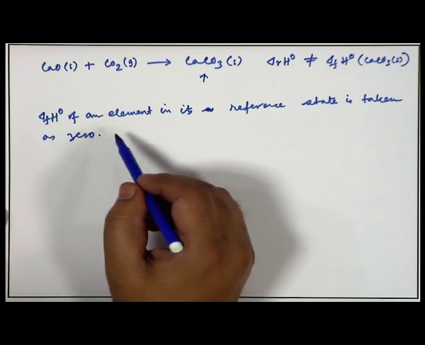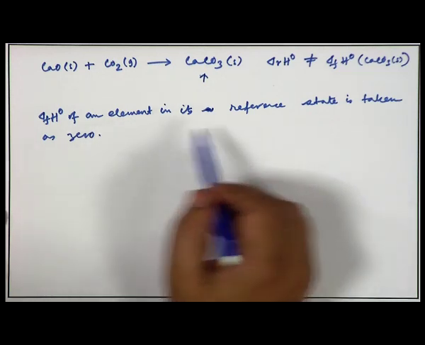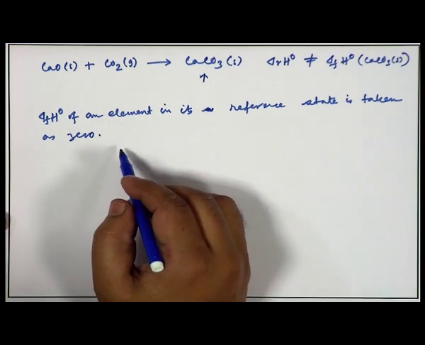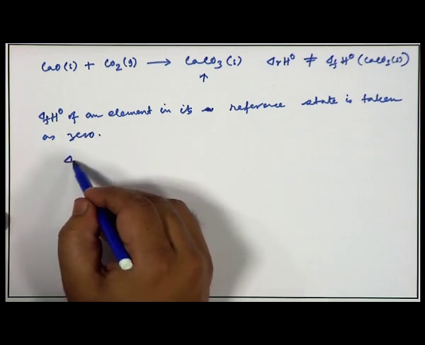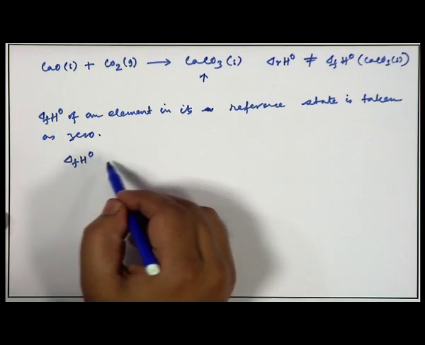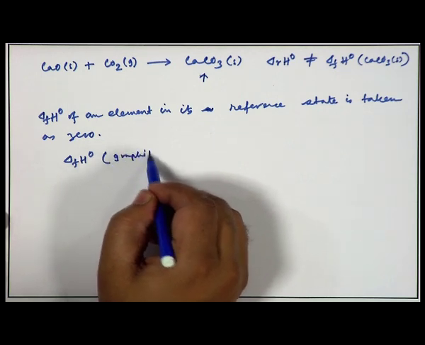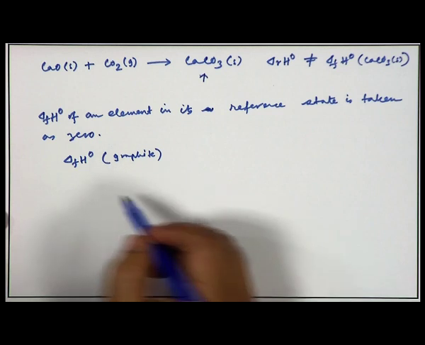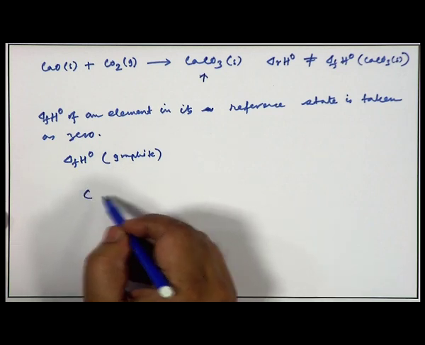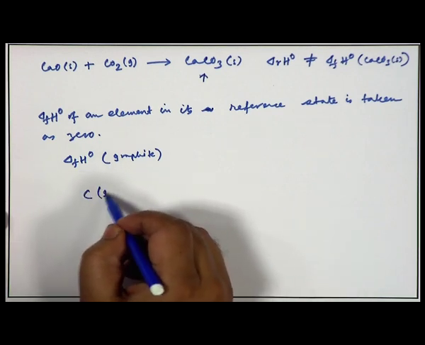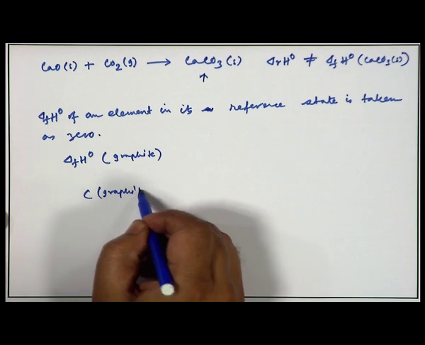Because it is the same reaction, like if I want to take the delta H formation of graphite, the reference state is C graphite.